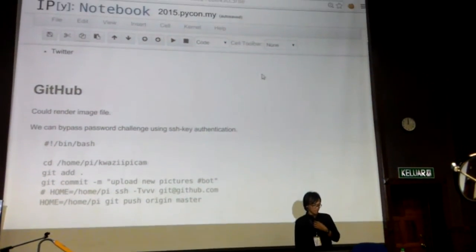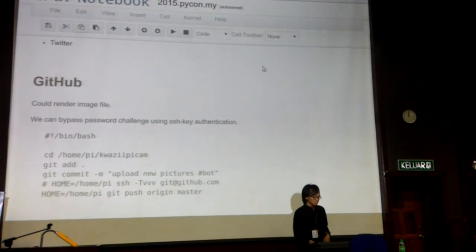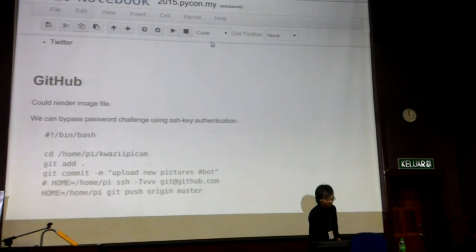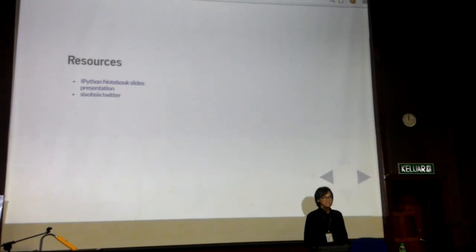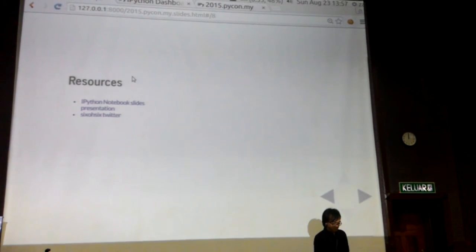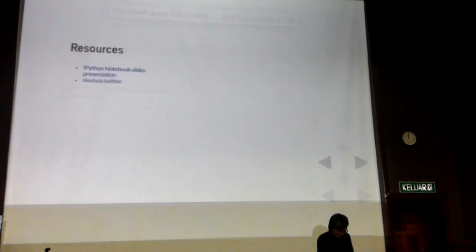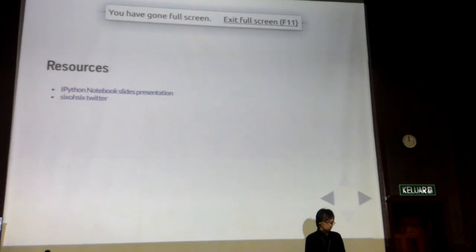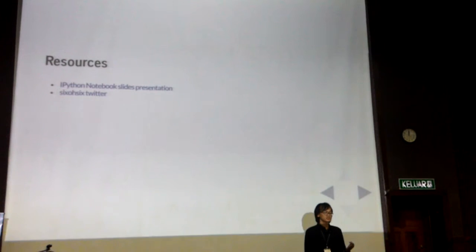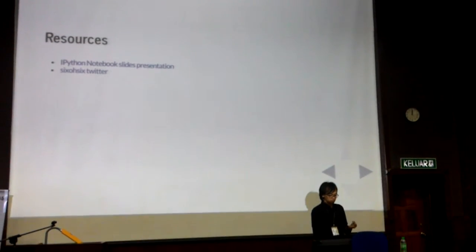This is the raw source of my presentation, and the IPython notebook has an extension called nbconvert. You can convert your IPython notebook into presentation slides, which uses reveal.js and JavaScript, so you can get that fancy look and feel. And the other resource that I used for Twitter, the 606 Twitter app, is to post images or tweet using Python.